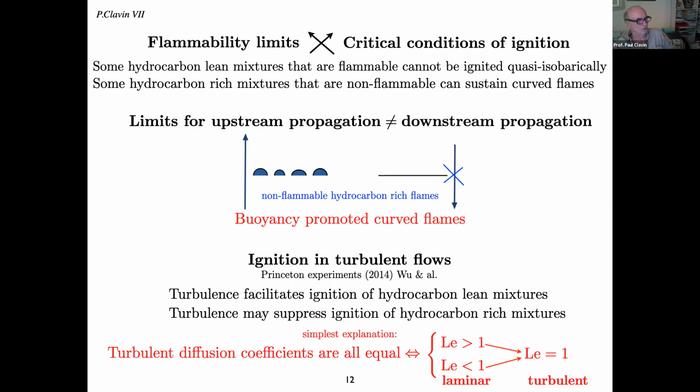All the diffusion coefficients are controlled by the turbulence, and so the overall or effective Lewis number in turbulence can be considered to be unity. In such a way that the difference between Lewis number larger than 1 or smaller than 1 that we have discussed in fact disappears.